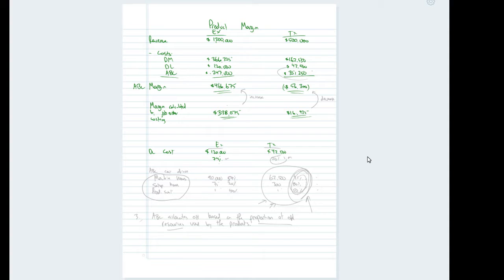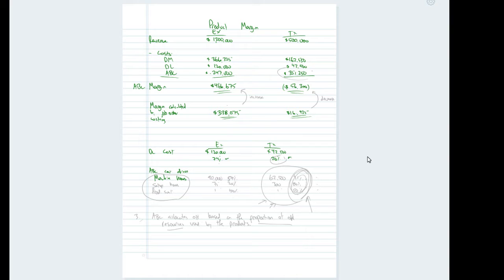So if that's the way we allocate overhead costs, since the EX used 74% of the direct labor, it got 74% of the overhead cost. And since the TX only used 26% of direct labor, it only got 26% of the overhead cost. But if we take the cost drivers we used under the ABC approach, the machine hours, the EX uses 90,000 machine hours, and the TX uses 62,500 machine hours.